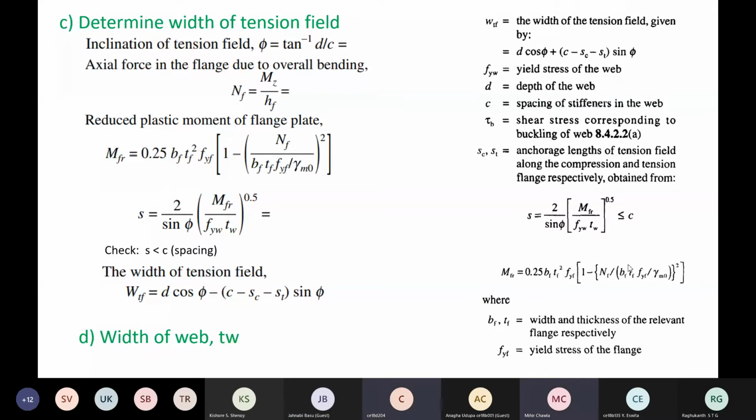Ma'am, we have already sent the tutorial, right? So you can open that and you can see what D and C are, everything in the first step. SC and ST are the same as the 104.86 you have got. Substitute the values and see what WTF is.